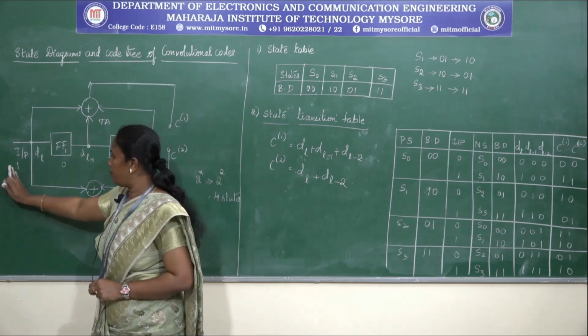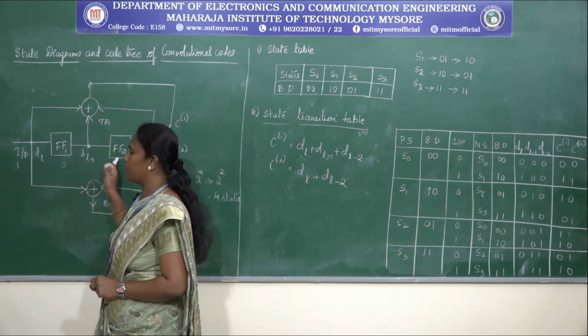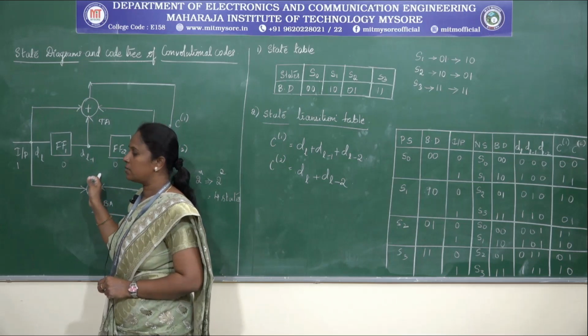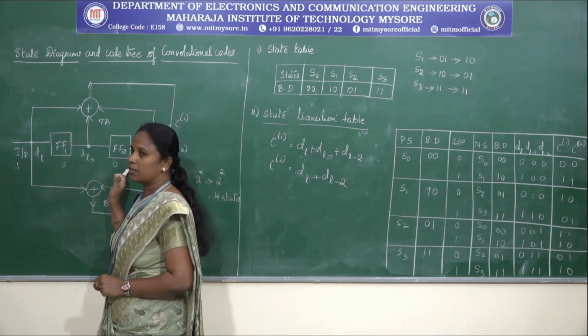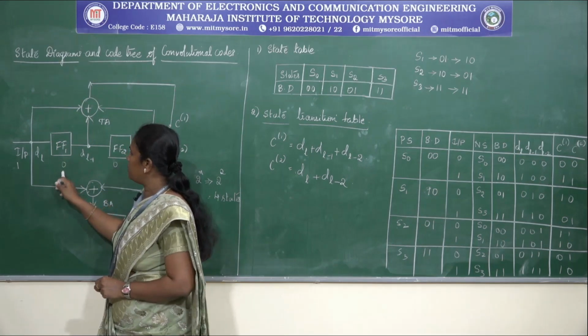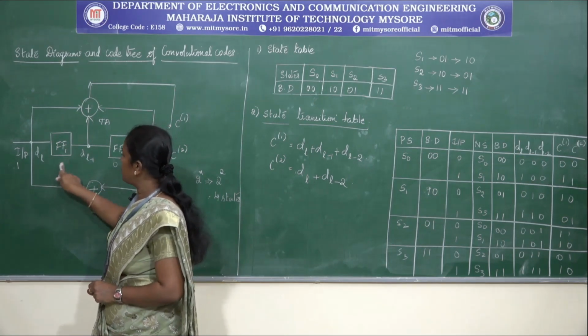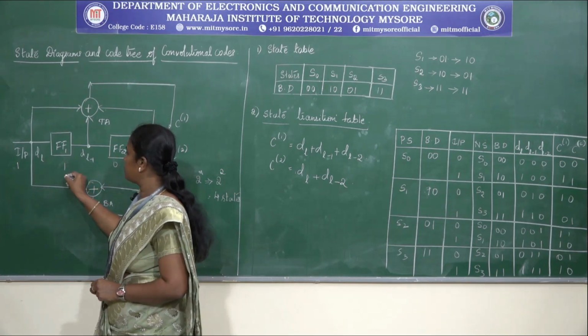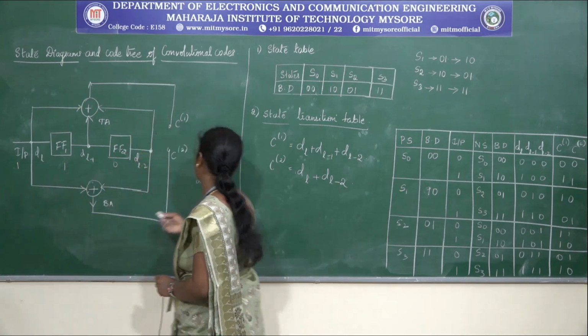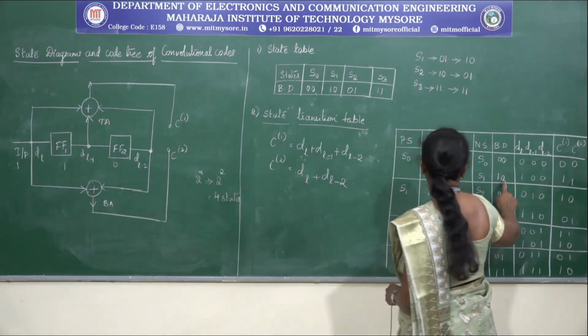Now when you apply 1, since these are shift registers, the present bit is shifted to the next register. So the flip-flop contents now change to 1, 0. Previously it was 0, 0, now it is 1, 0. That's why we have written 1, 0.